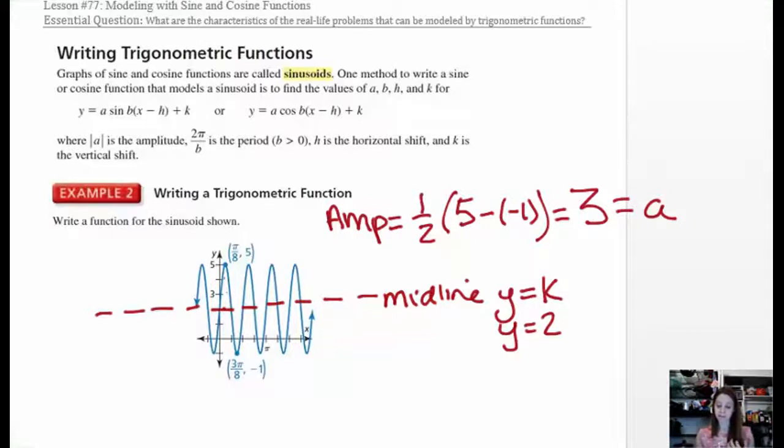What am I missing? I'm missing the period. So I'm going to look for one complete cycle. This seems to be a sine function. I'm going to call it a sine function because it starts at the midline, and I know that sine of x starts at 0, goes to its maximum, goes to 0, goes to its minimum, goes to 0.